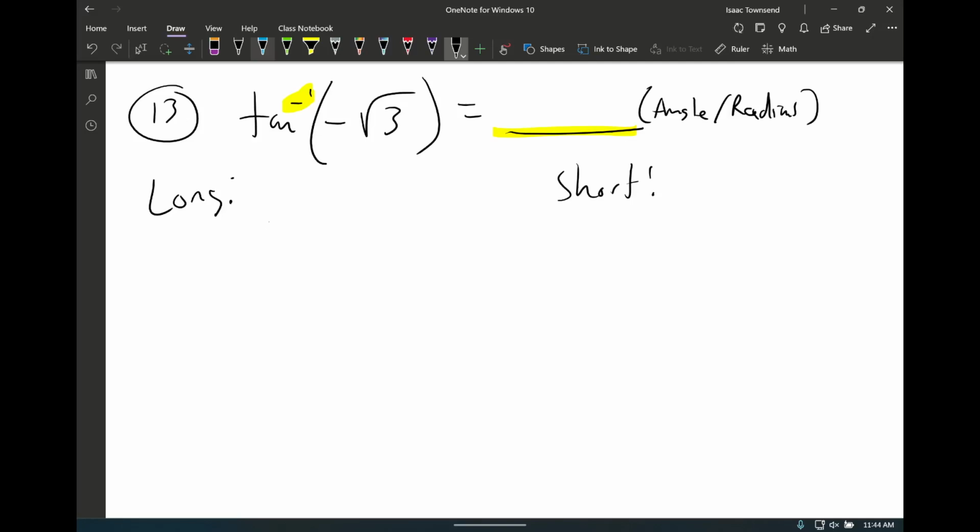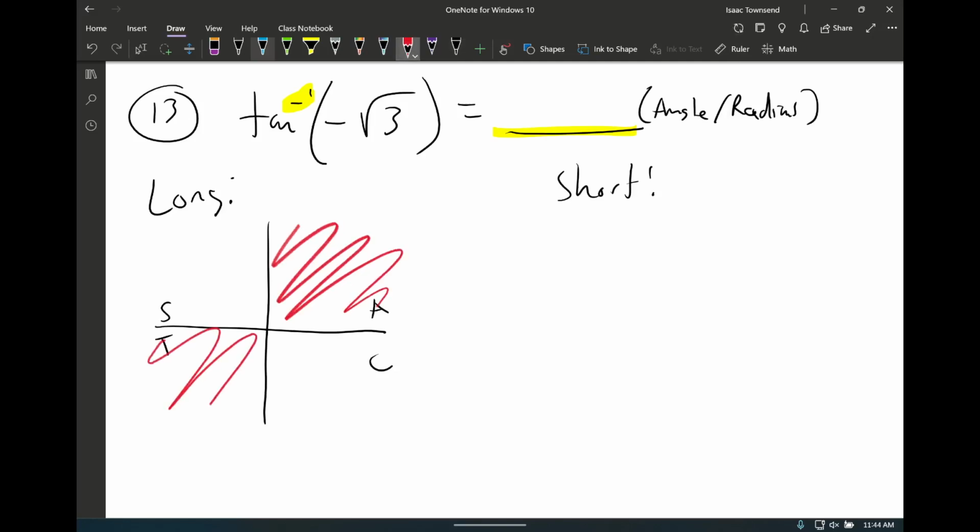The long way to do this would be if you don't memorize the tangent values, because when we memorize the unit circle, we really memorize sine and cosine values. So you could think of All Students Take Calculus to realize that tangent's never going to be negative in quadrants 1 or 3.